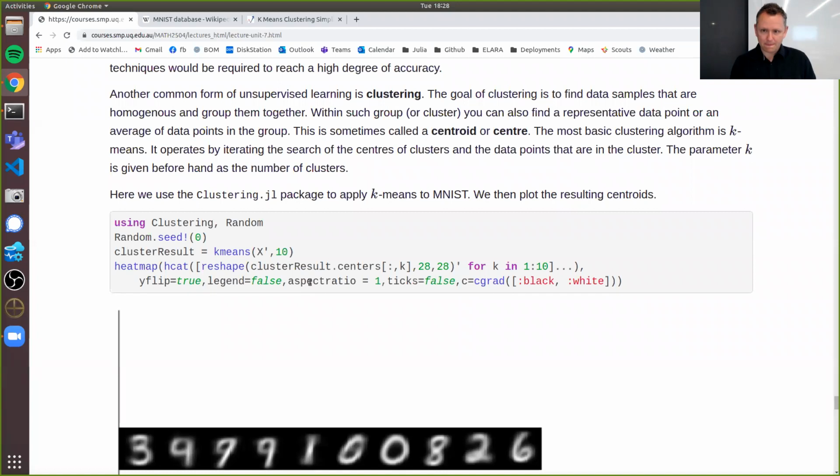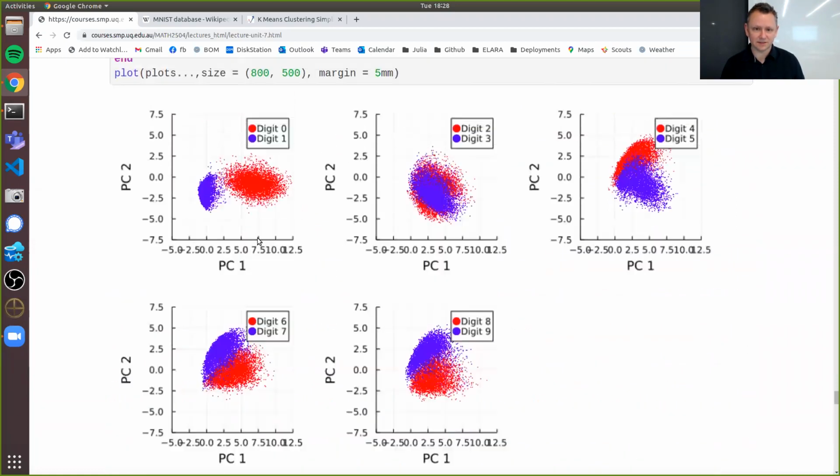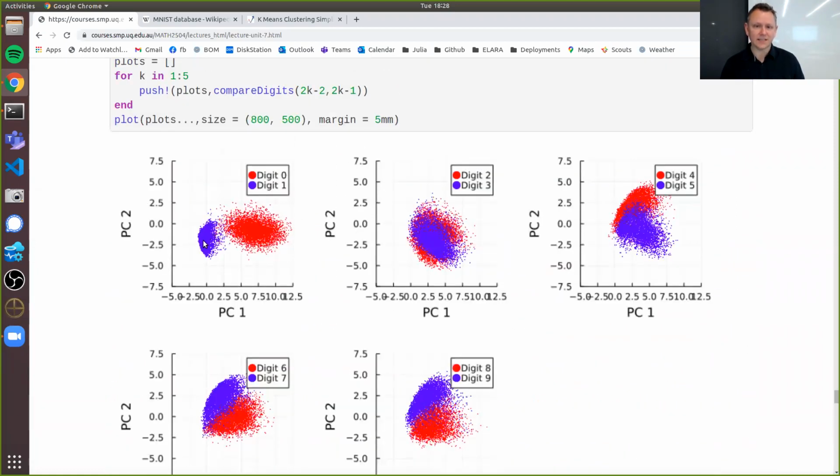One of the easiest ways to think about clustering blobs is to try and find the centroid of each blob. You could imagine here on this top left there's some centroid of this blob there and some centroid of this blob there, and that could be descriptive of each blob.